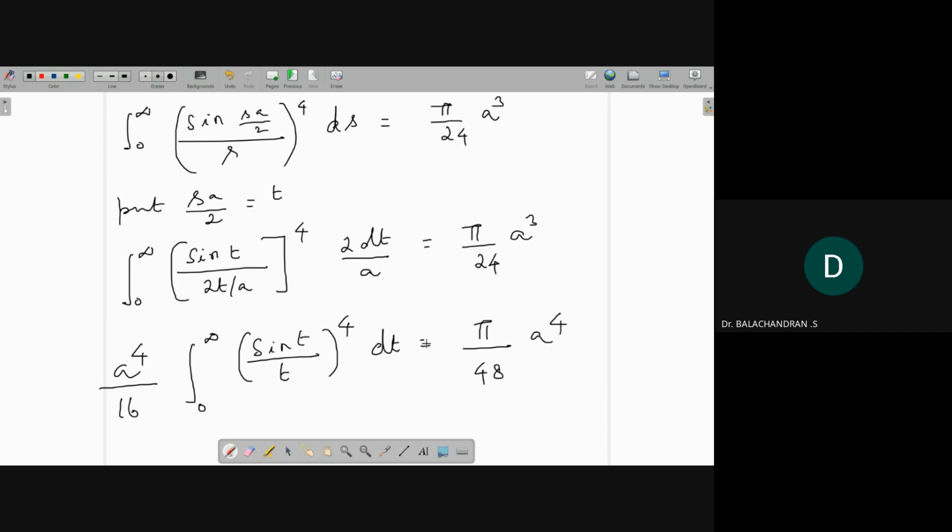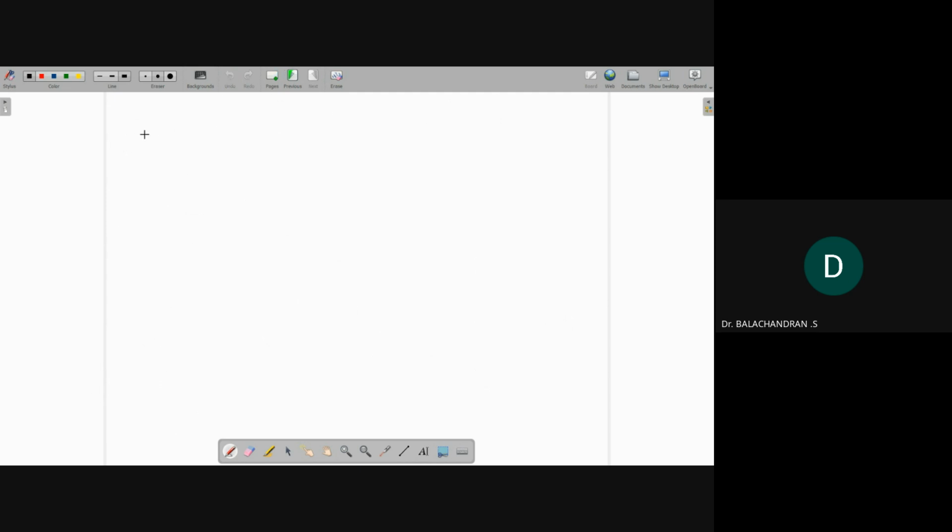So a power 4 gets cancelled. So 16 by 48, that is 1 by 3. So pi by 3. So the value of this integral, integral 0 to infinity (sin t by t) whole power 4 into dt, is equal to pi by 4. So this is the final answer.